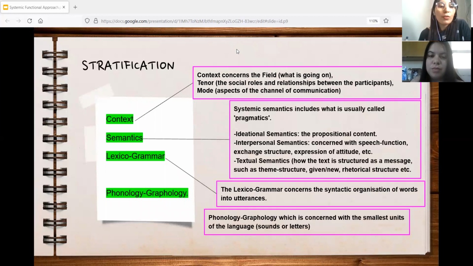And finally, phonology and graphology, which is concerned with the smallest units of language, that is, sounds or letters.